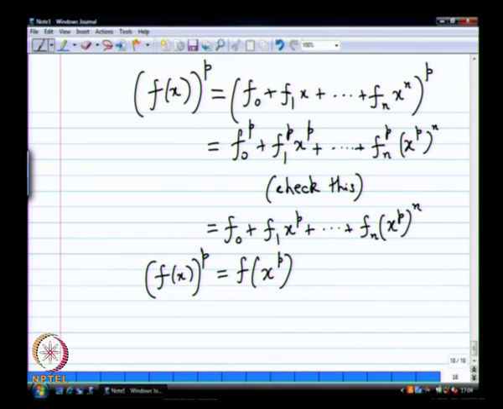So it's a curious little result which is true for finite characteristic fields. It's not true if you don't have a finite characteristic. In the reals and so on, you won't have any such result. But f(x) whole to the power p is the same as f(x^p). Now, can you show that if beta is a root, beta^p is also a root? That's all.